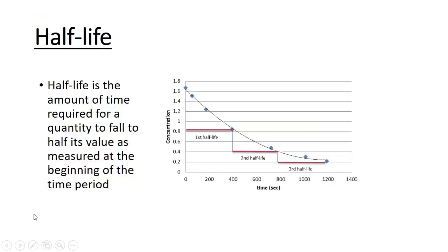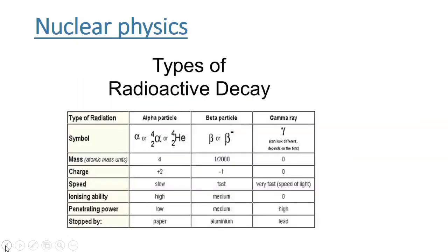And you should know the properties of this. They are basically summarized in this table. The symbols are there, the mass is there, the charge is there. The alpha particle we know is a helium particle with a charge of 2 positive, and the beta particle is that of an electron, and then we have a gamma ray that has no charge, and then we have the speed.